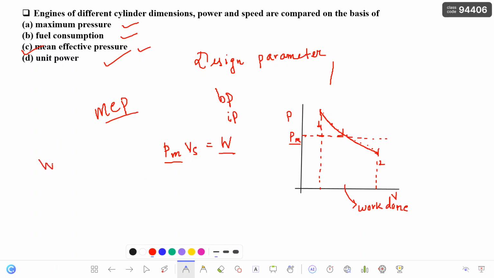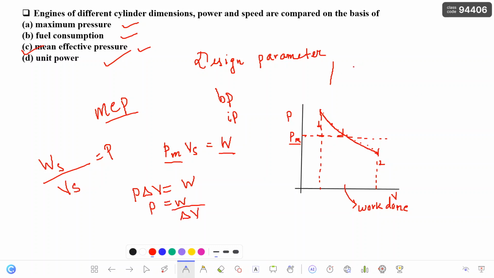You will be studying it. Still, I am telling. It will generally be the work done by the swept volume. As you might have studied, P del V is work. So through this, this mean effective pressure will be obtained as work divided by swept volume. So this is nothing but just the mean pressure.